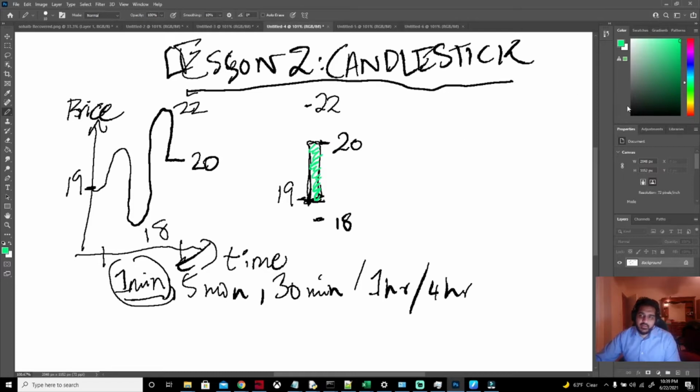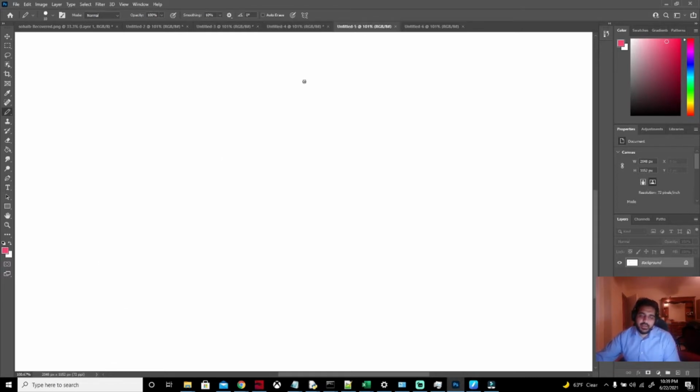The rest of them are kind of connected by a wick. So this is a wick, this is the candle body. So that's how you draw a candle. Let's say we opened at 19, we close at 20, our candle would be red.